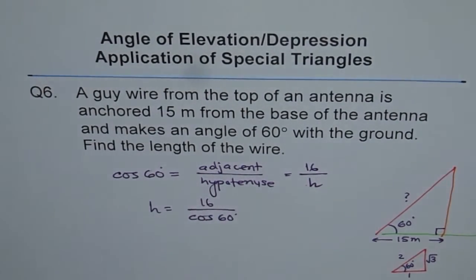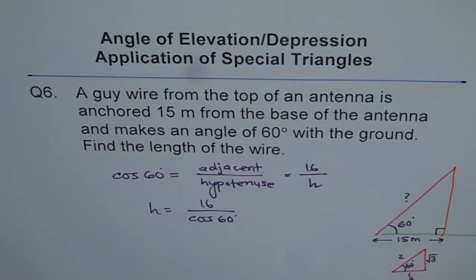And what is cos 60? From this triangle, you can say cos 60 is adjacent over hypotenuse, which is half.